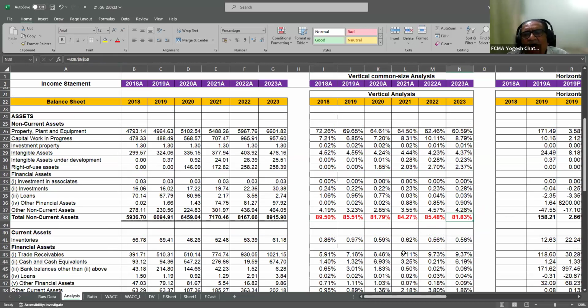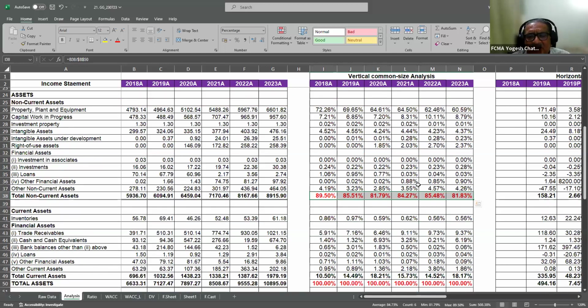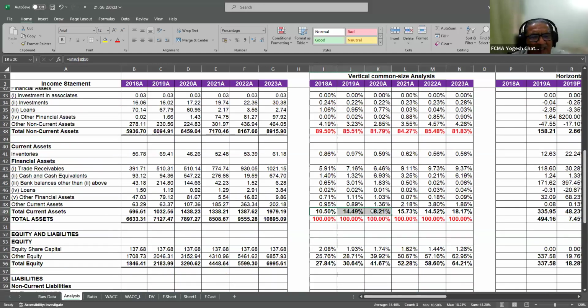So there is a reduction of 8% in the non-current asset like property, plant and equipment, capital work in progress, and investment property. One possible reason we discussed is automation of the processes, but the exact reason we can find out from the management of the company. The current asset is residual in nature, in the range of around 11% to around 18%. So that is our breakup of the total non-current asset and current asset.